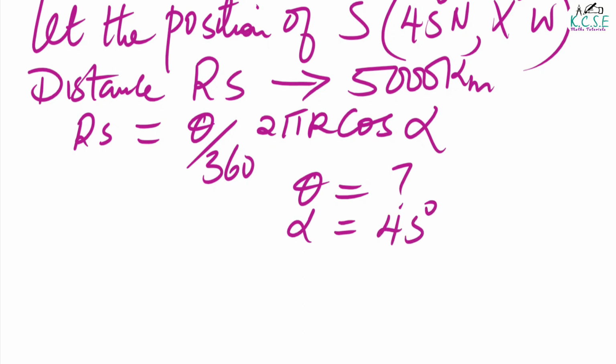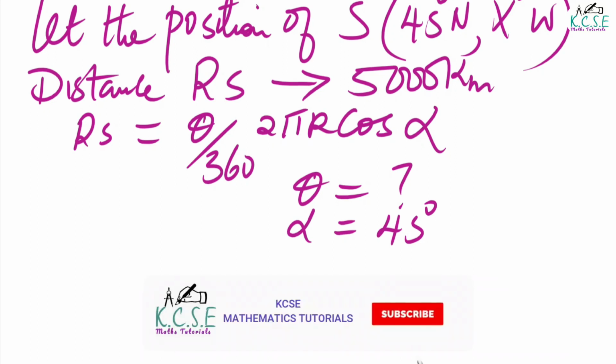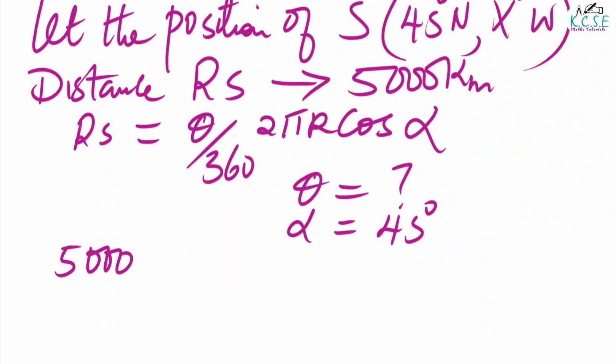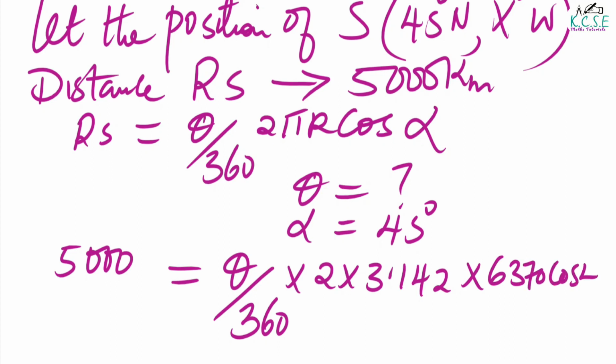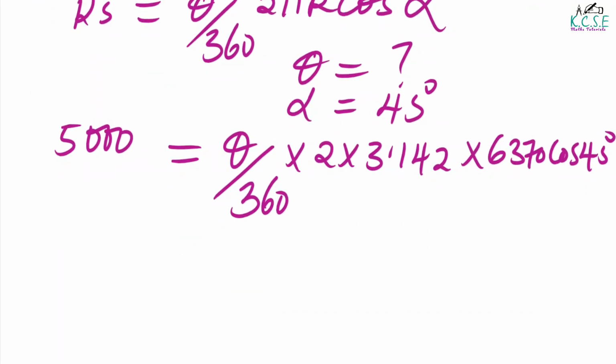So we can input everything that we have in that formula and calculate what we don't have. Distance RS is 5,000. It is given by theta, which we don't know, over 360 multiplied by 2 times pi times 6370 cosine of 45 degrees. From this we will obtain the longitude difference.